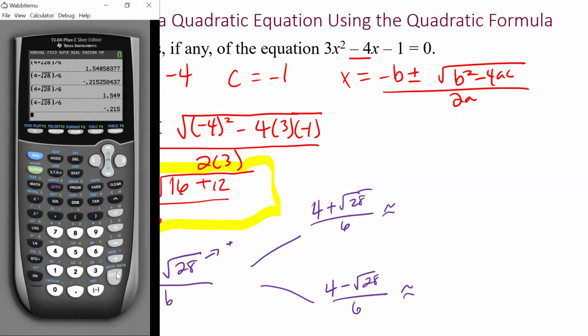And then you go to the numbers. All right, so we have 1.549, and then we have negative 0.215. And those are our 2 real solutions.